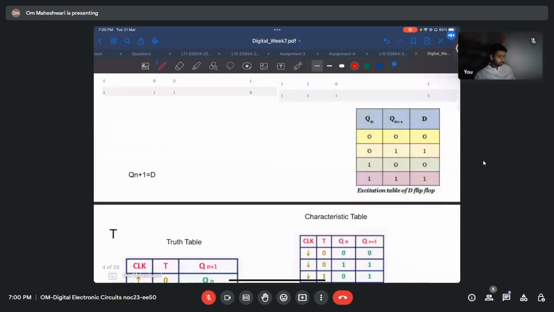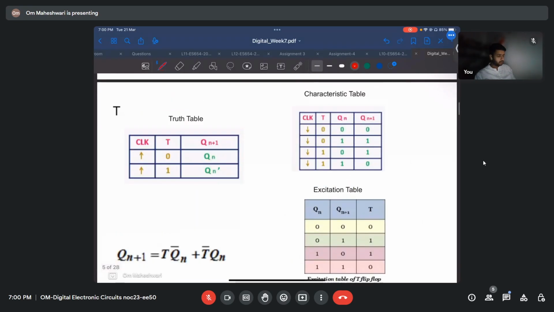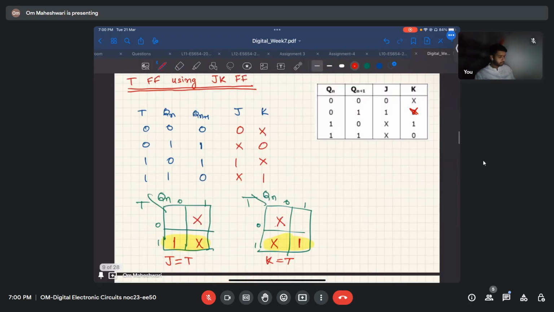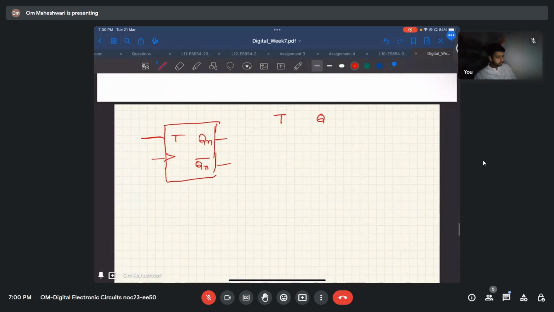I'll share these notes. I have written all the truth table, characteristic table, and excitation table for all three. In a T flip-flop, when T is 0, it holds the previous state. Whenever it is 1, it toggles, so Q next will be Q bar.